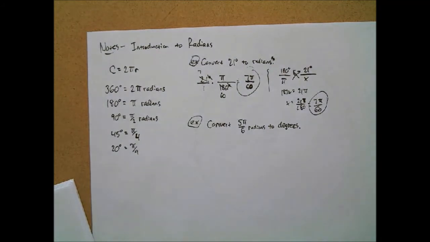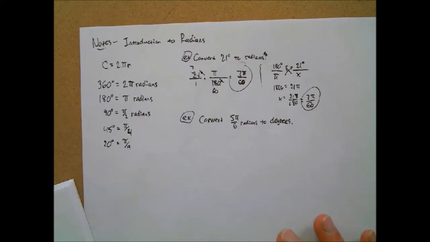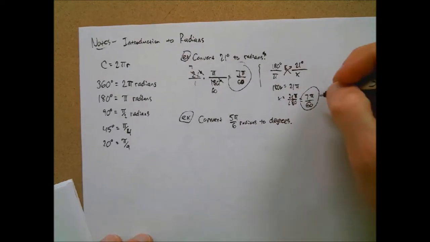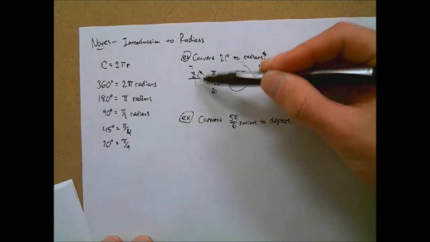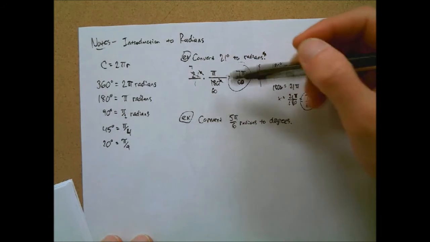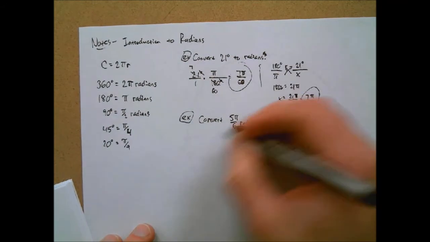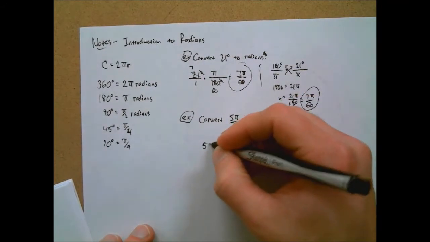Okay. So again, we can use dimensional analysis, or we can use the proportion. I put the 21 over 1 here initially because it wasn't a fraction. It's just helpful to have fractions in dimensional analysis, but the 5 pi over 6 already is a fraction, so we can just leave it as 5 pi over 6.